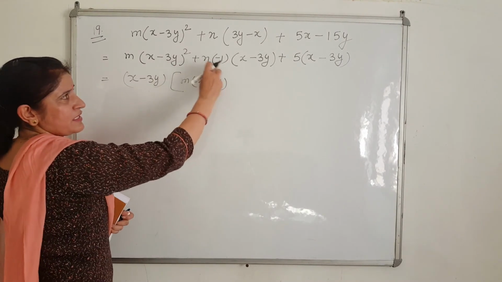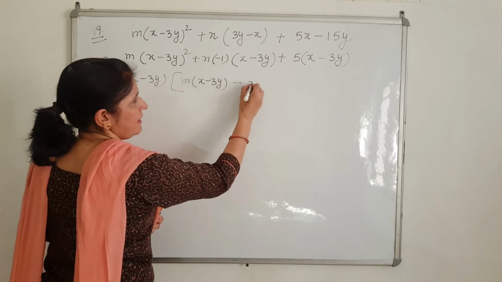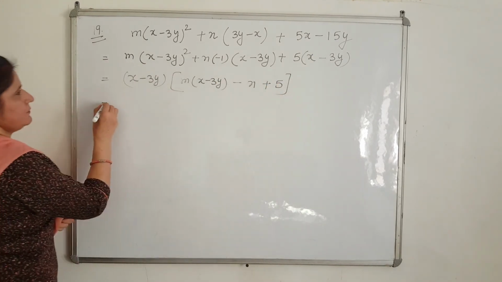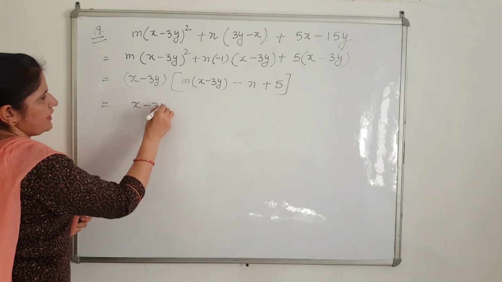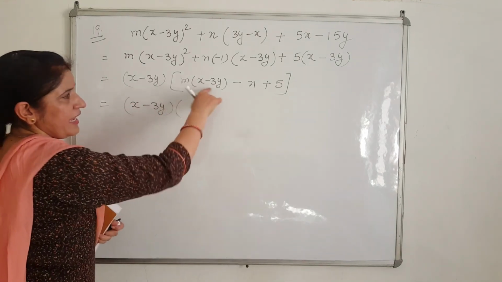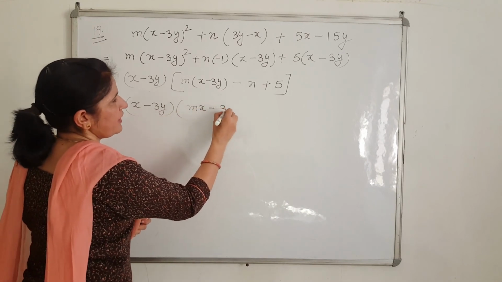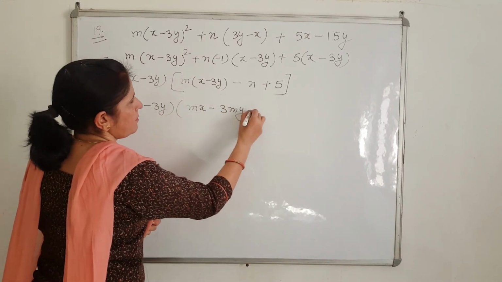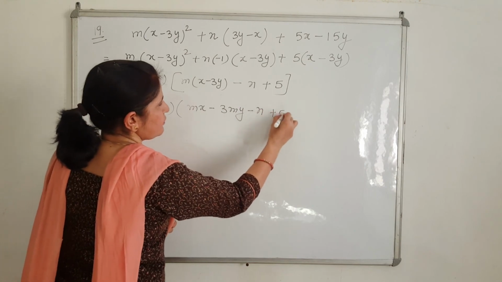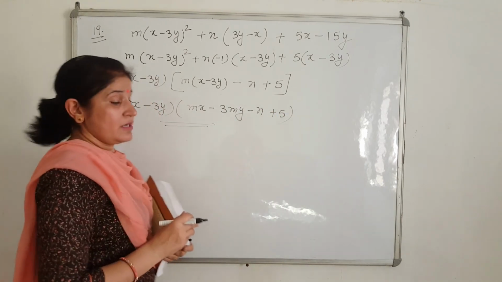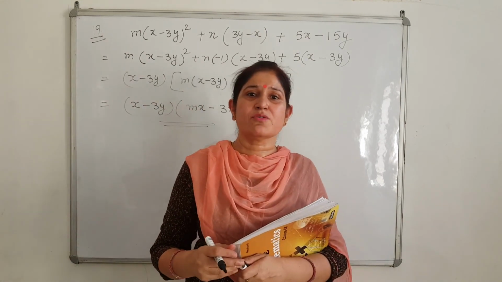From here minus n, and from here plus 5. (x − 3y), we multiply m with these two terms, so mx − 3my − n + 5. So these are the factors of this question. Like this you can solve other sums of this exercise.